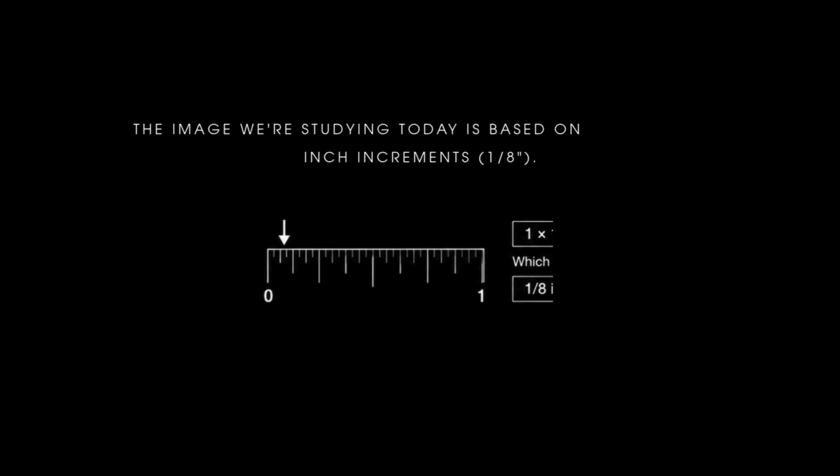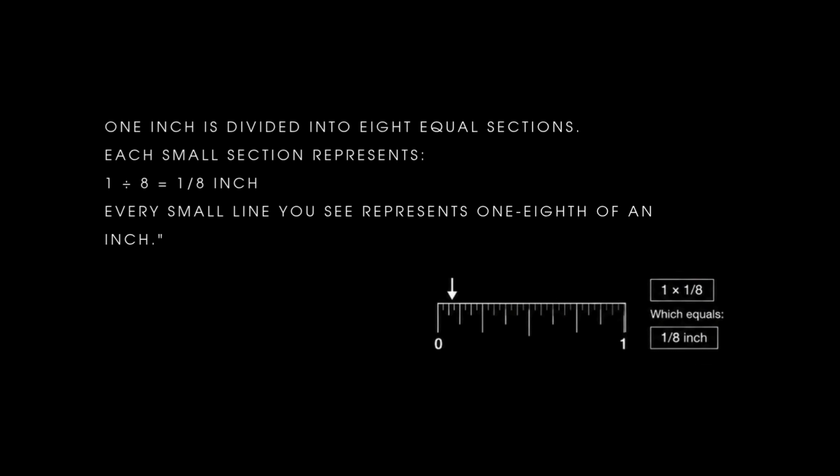The image we are studying today is based on 1/8 inch increments. This means 1 inch is divided into 8 equal sections. Each small section represents 1 inch divided by 8, which is equal to 1/8 inch. Every small line you see represents 1/8 of 1 inch.